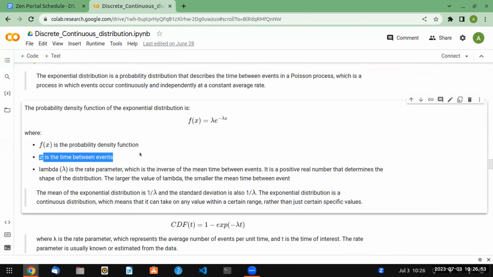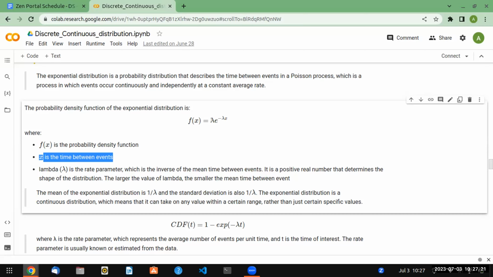You got one request at this time, then another request after 2 minutes or 3 minutes, another in the next 3 minutes. So x means the 2 minutes, 3 minutes, like this, the time between the events.